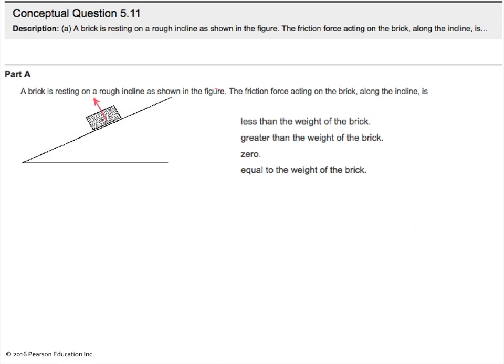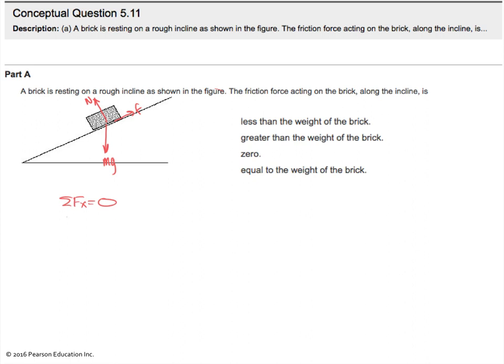So here's the normal force. Here's mg. And here is the friction. So if it's not moving, we have to ask ourselves what forces would be acting in the x direction.